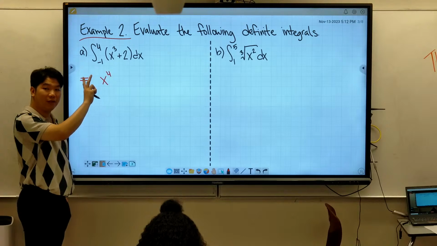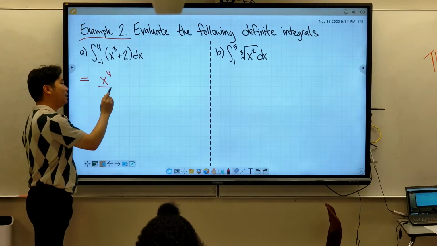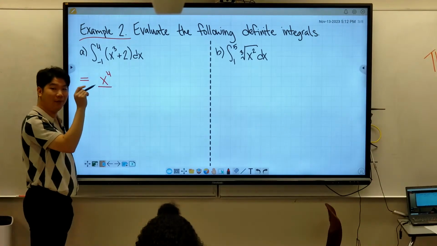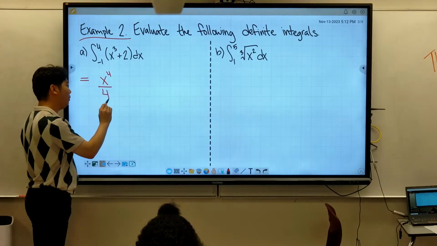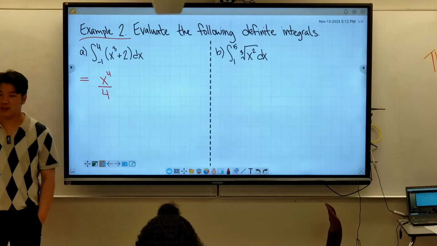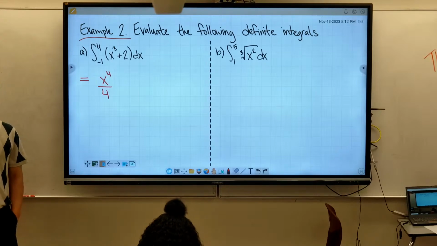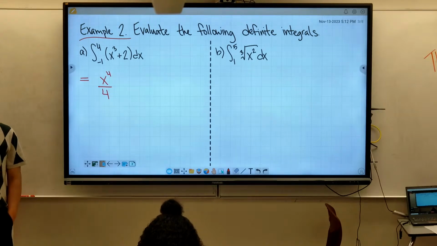Power rule for integration. Yeah, so I add 1 to the power, and then I divide by the new power. Remember, it's the exact opposite of the power rule for differentiation. Differentiation said multiply, bring the power down, subtract 1. Power rule for integration is add 1 to the power and then divide.